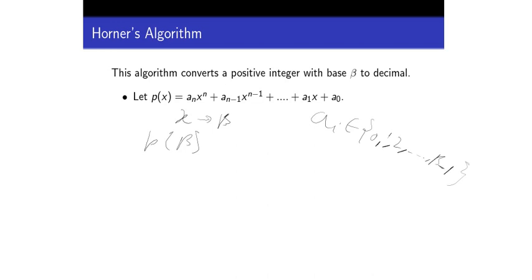This p of beta will give you the corresponding decimal integer. So this algorithm converts any positive integer with base beta to decimal.